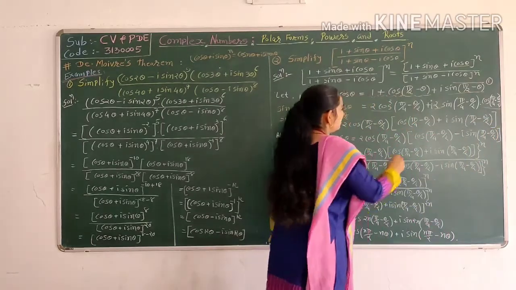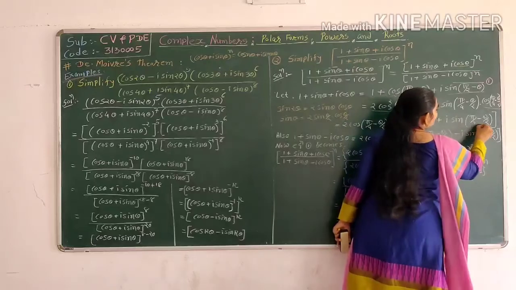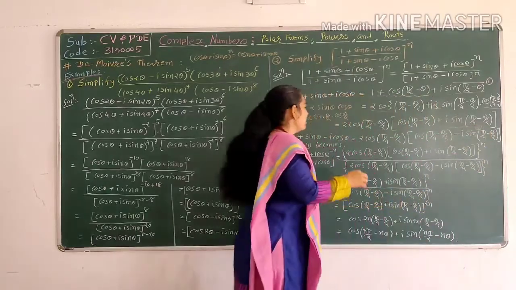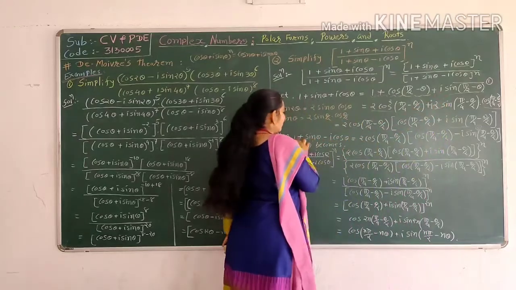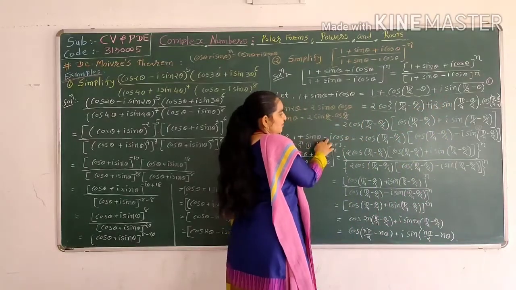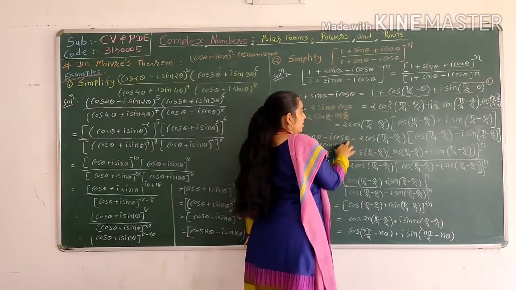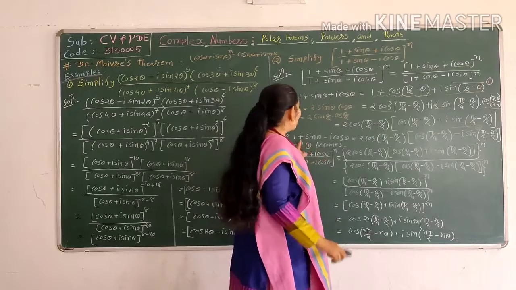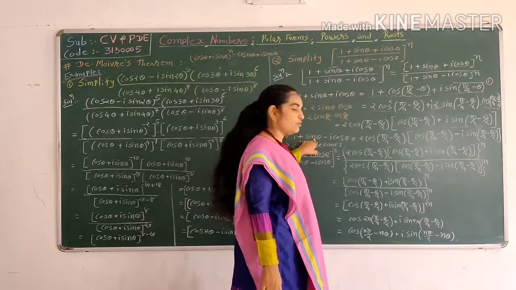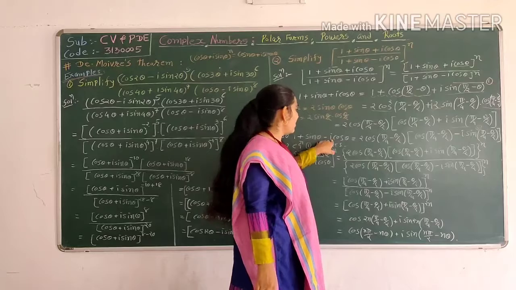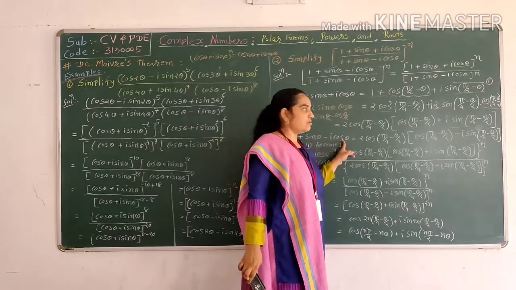Now this is example number 2, equation number 2. Same as we have to find this term: 1 plus sin theta minus i cos theta is equal to, we can write 1 plus cos(pi by 2 minus theta) minus i sin(pi by 2 minus theta).